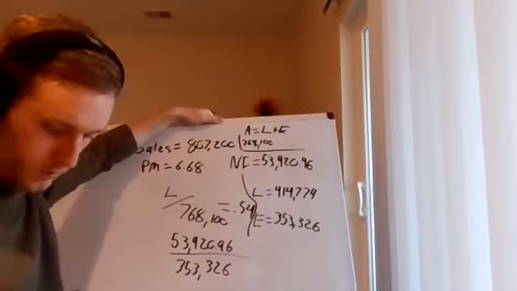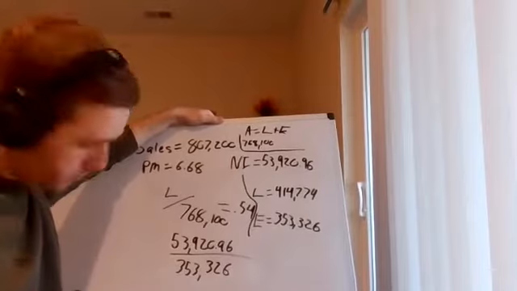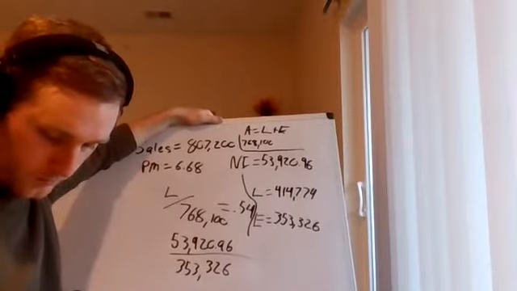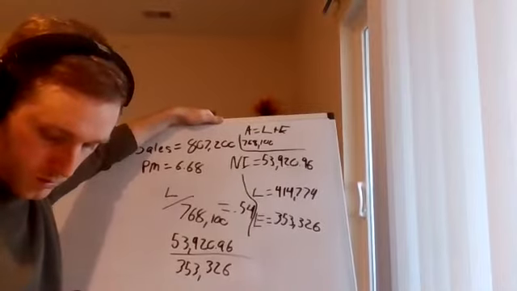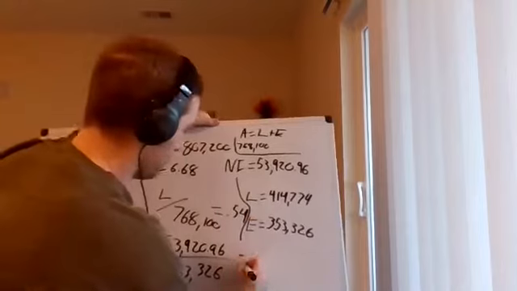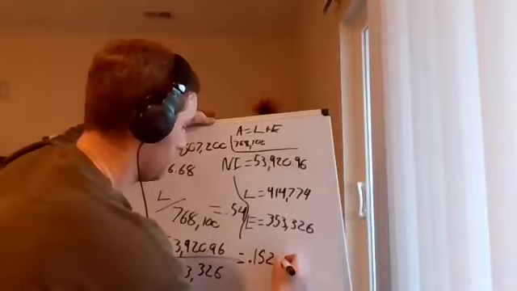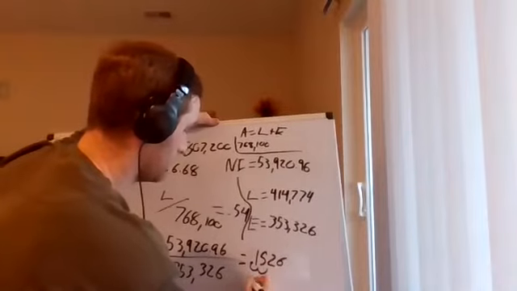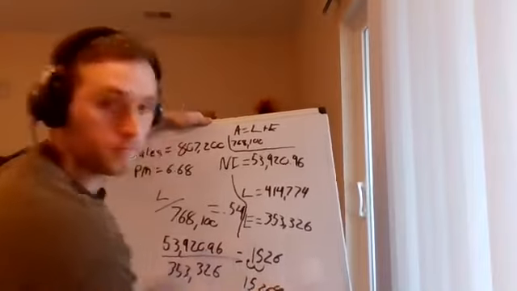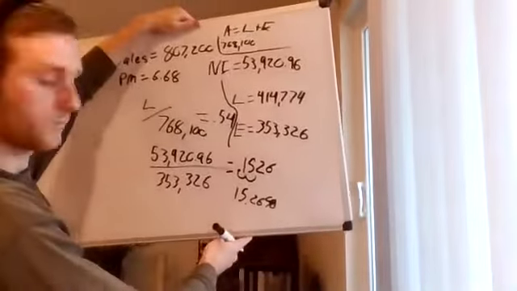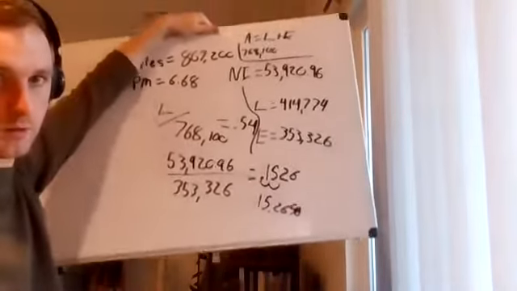We get that 53,920.96 divided by 353,326 equals 0.1526. Move this twice, that gives us 15.26%. Y'all can see that it's down here. So that's 15.26%.